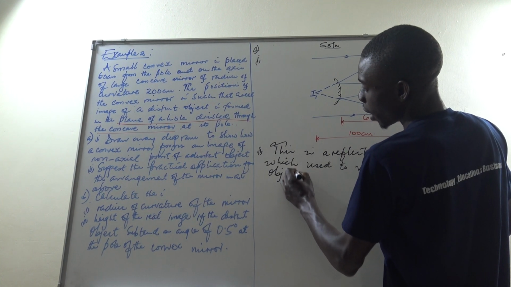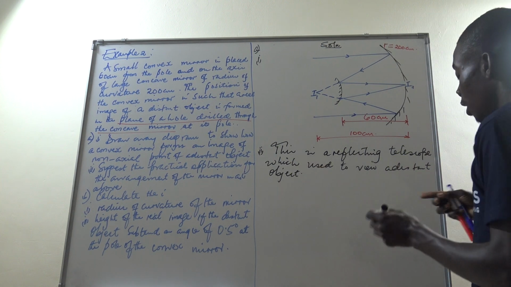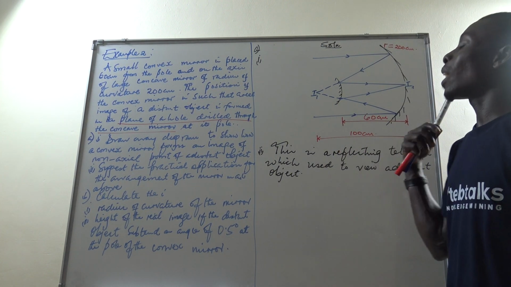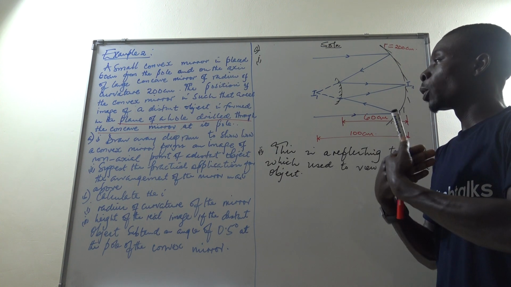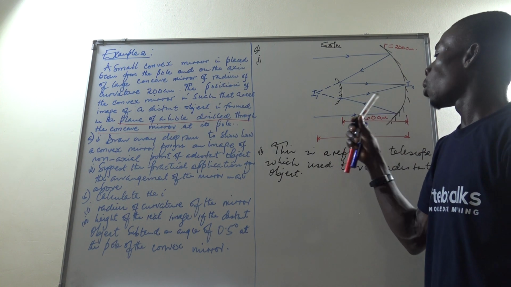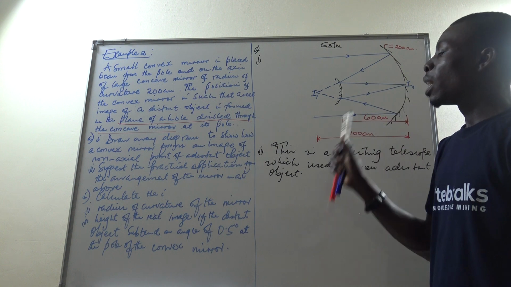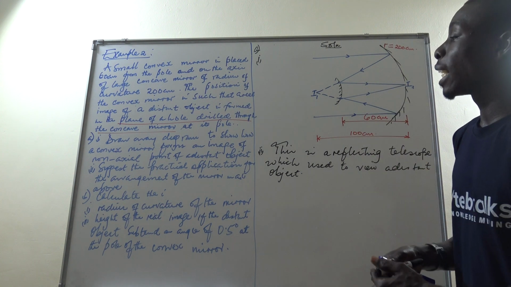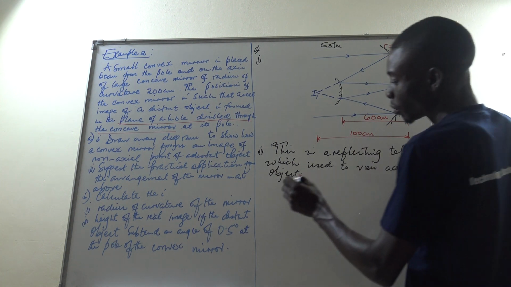Okay, so we have not yet looked at this arrangement, but we shall look at it as we are analyzing our last topic of optical instruments. So this is a telescope and is a reflecting type, and telescopes are used for viewing a distant object. We shall analyze that if we reach there.